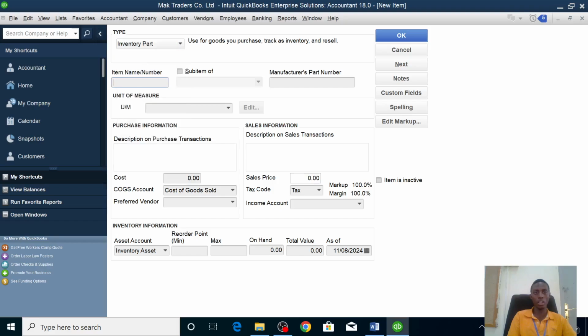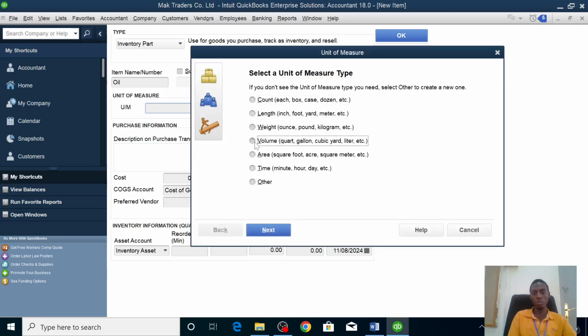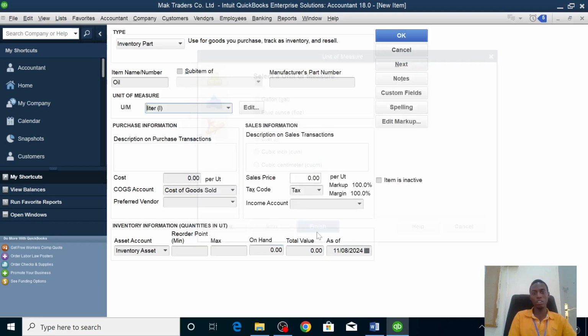Next item, inventory part, I have oil. Unit of measure, now this is measured in volume, in liters, so it falls under volume. I say next, any liter, and I finish.